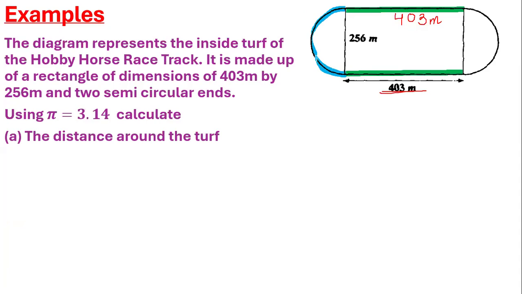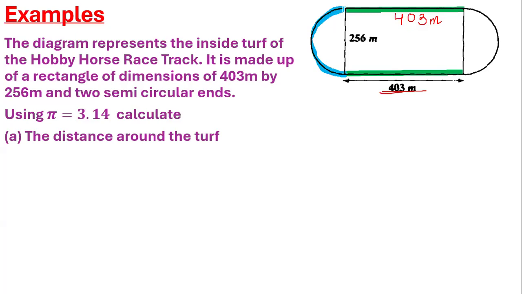Semicircle. So what formula are we going to be using? Pi r squared over 2. The formula you're going to be using for the semicircular portion? Wrong. You can't be using pi r squared divided by 2, because that's the area. Just pi r. Very good.